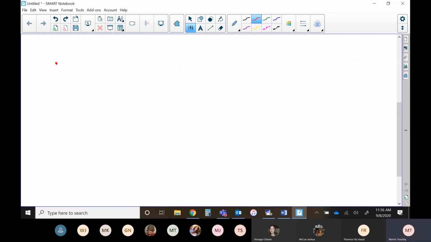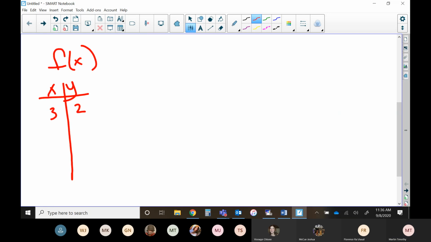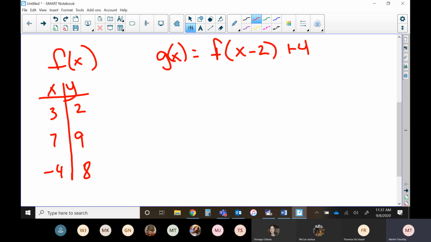All right, what if I told you this? f of x, and I tell you the x and y's. By the way, I'm totally making these up. And I told you g of x is equal to f at x minus 2 plus 4.